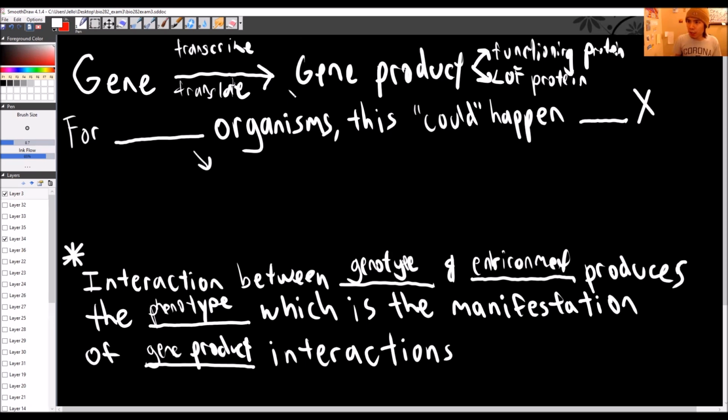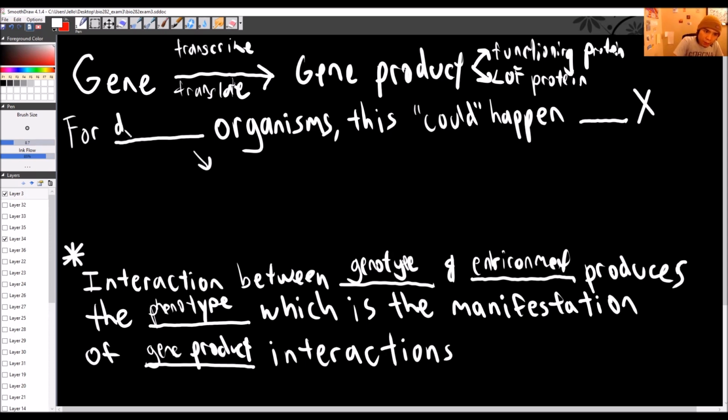So a skin cell has the same DNA as a kidney cell. However, the DNA is regulated differently. Different proteins are expressed in our skin cell compared to the kidney cell. So that allows differentiation to happen, and that is because they have different gene products.